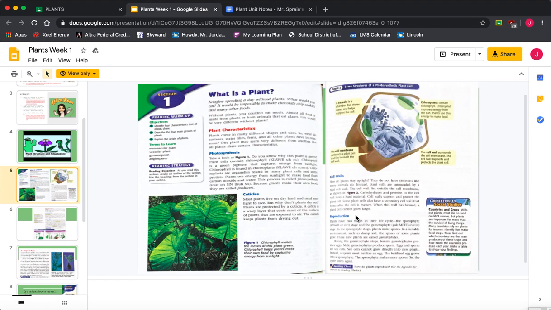And the last section on this page is called reproduction. Plants have 2 stages in their life cycle: the sporophyte stage and the gametophyte stage. In the sporophyte stage, plants make spores. In a suitable environment, such as damp soil, the spores of some plants grow. These new plants are called gametophytes.